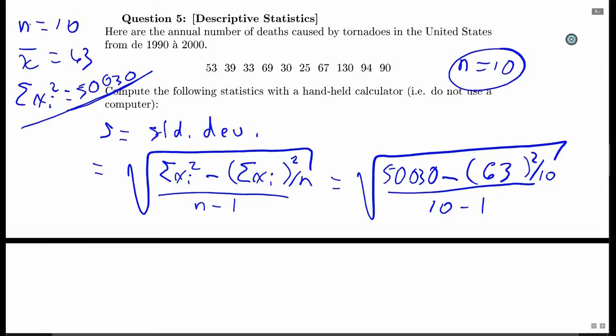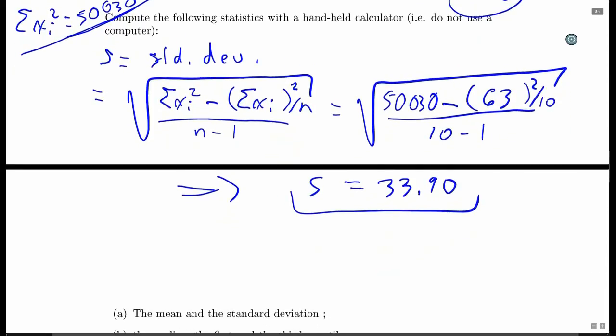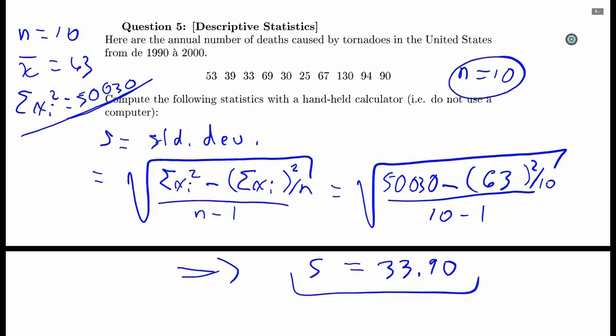As we do this computation, this will give us a sample standard deviation of 33, and if I round it to 2 decimal places, the sample standard deviation is 33.90.